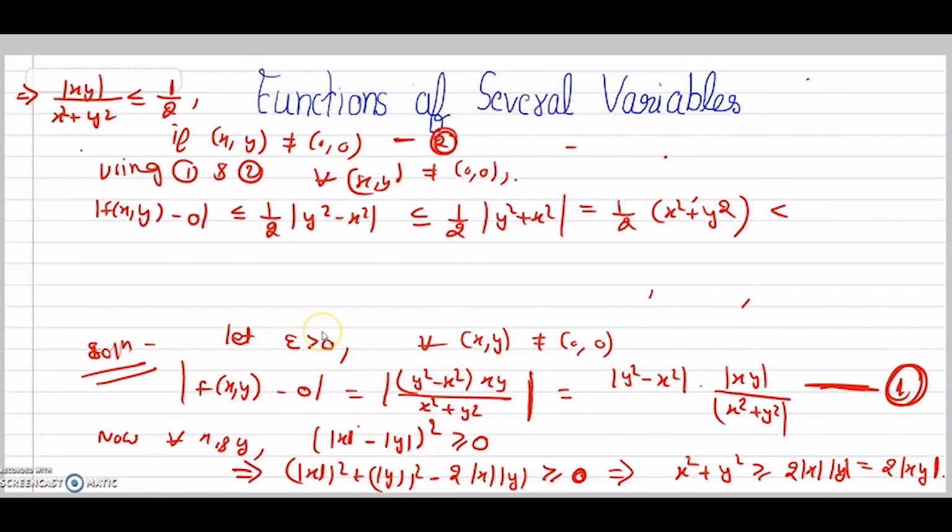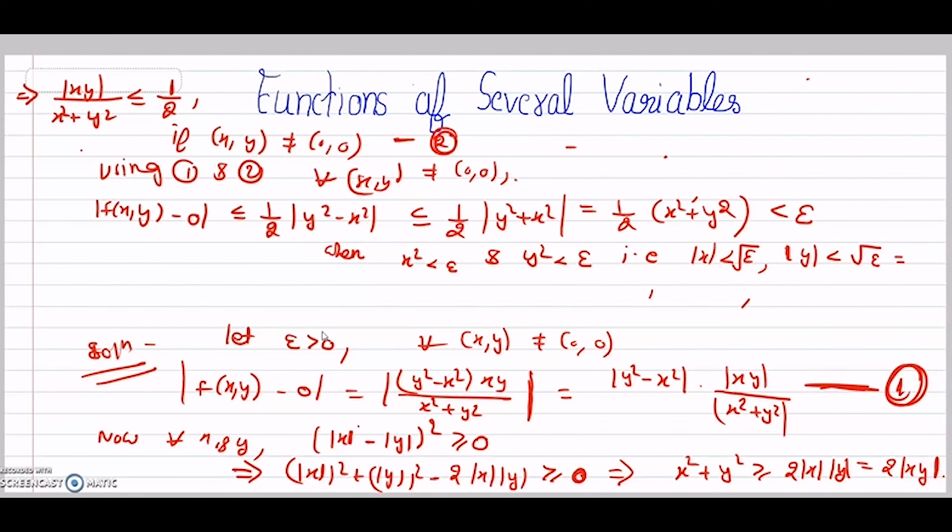which is smaller than epsilon when x square is smaller than epsilon and y square is smaller than epsilon. That is, modulus of x is smaller than under root epsilon and modulus of y is smaller than under root epsilon.